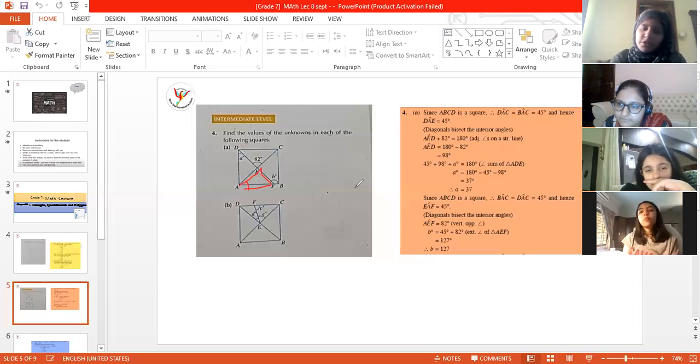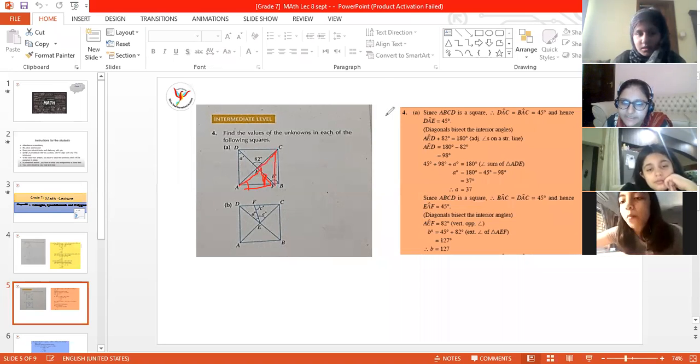Ma'am, if we do it the other way, will it be wrong? Definitely, because first of all, if you find the value of F, then you are going to solve the value of B. By which formula are you going to solve the value of B? Okay, this is not a triangle. BC, if you can see E, C, B, and F, 4 points, 4 corners.